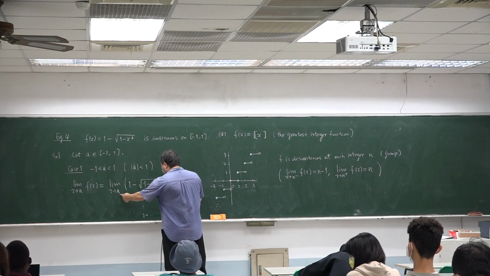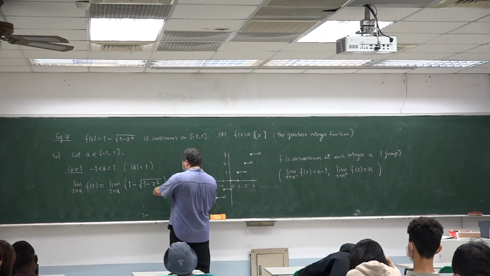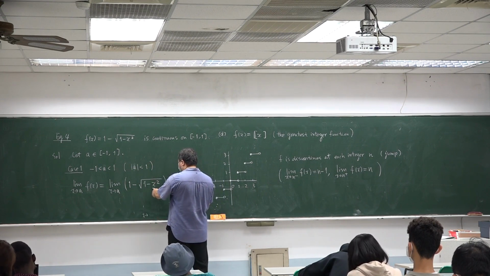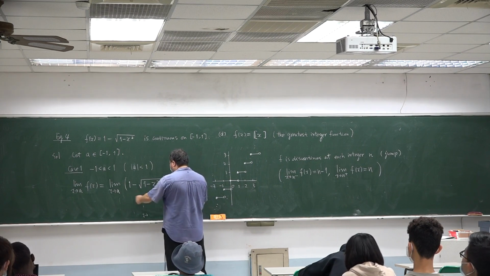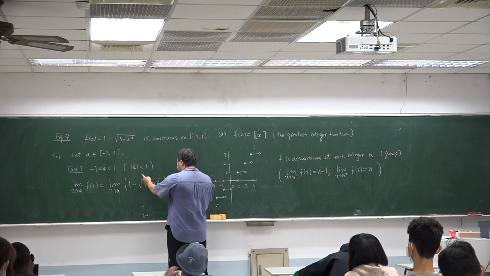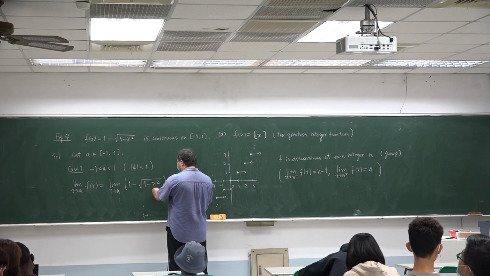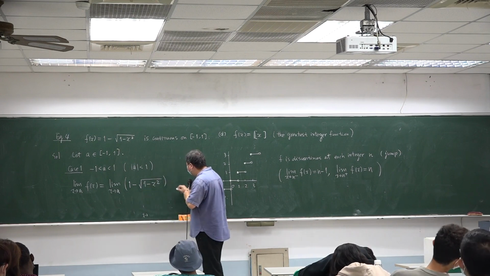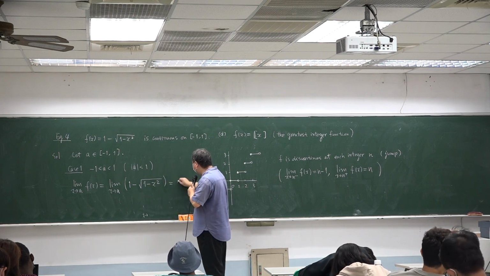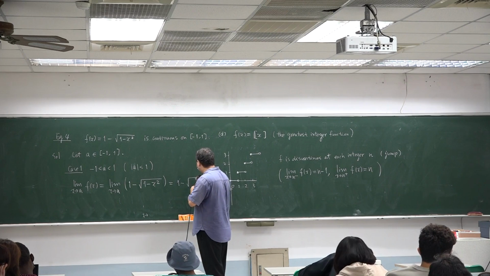So, the limit of x squared. But this one, yes, polynomial is continuous. At A, this is A squared. It's less than 1, so 1 minus A squared is a positive number. By the limit theorem, this limit can be evaluated by direct substitution.